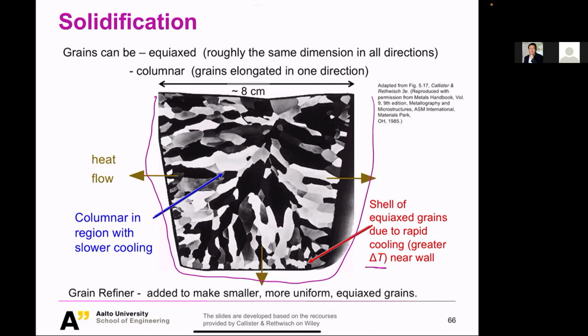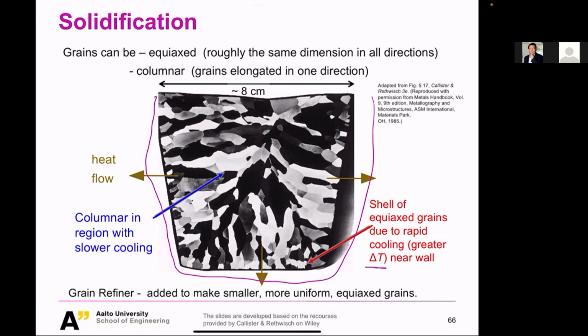That's why we develop large grains inside, and they look like elongated or columnar grains. So they have a completely different morphology than at the walls.